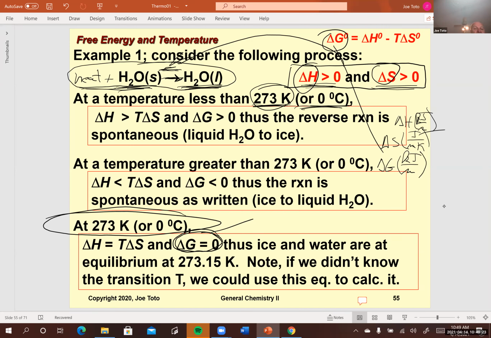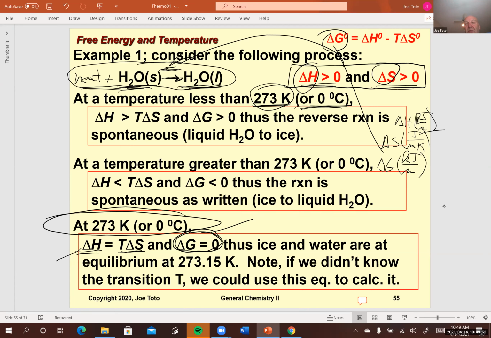You don't get any more energy out going one way or the other. That's the minimum of energy at that equilibrium. And so that must mean that the positivity of delta H is completely erased by the increase in entropy that's created.